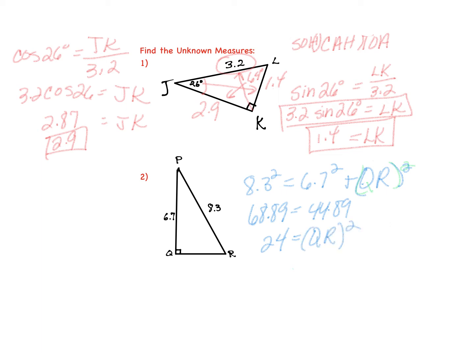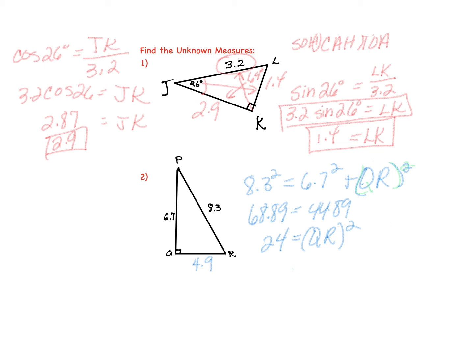So I can take the square root of 24. Again, this might be some good practice for your calculators. And I get 4.89 or 4.9 for that side.